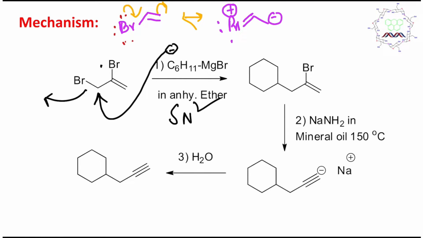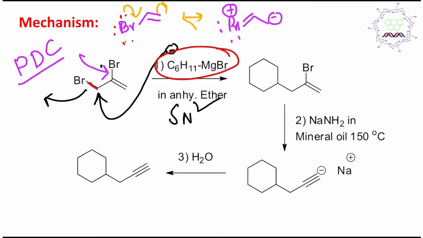From this you can understand that this vinyl carbon-halogen bond is more than a single bond; it has partial double bond character. That's why this bond is stronger. That's why during nucleophilic substitution using Grignard, this bond was not broken, although the activated carbon-bromine bond was broken and a carbon-carbon bond was produced.